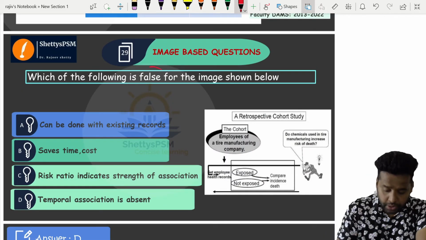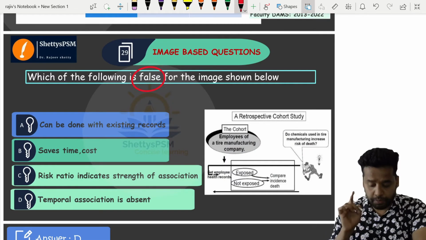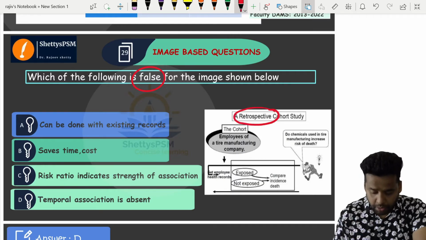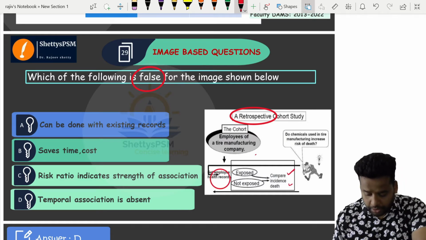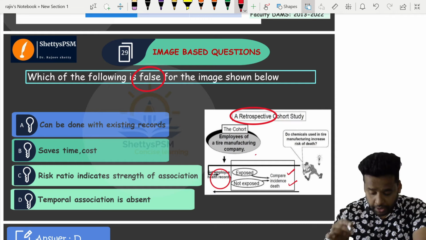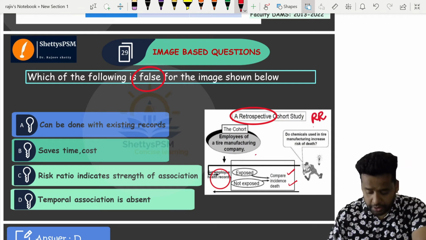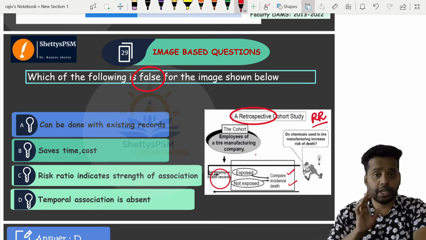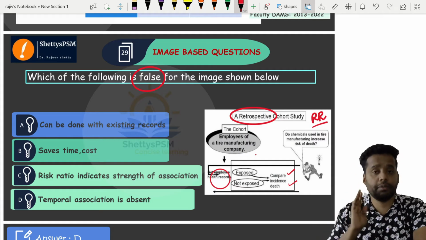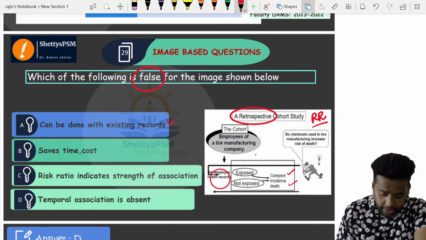Which of the following is false for the image shown below? It is a retrospective cohort study. As you can see, they are taking the records and doing follow-up, calculating incidence and calculating risk ratio. It is a record based study, saving time and cost, same as a cohort study, done with existing records.